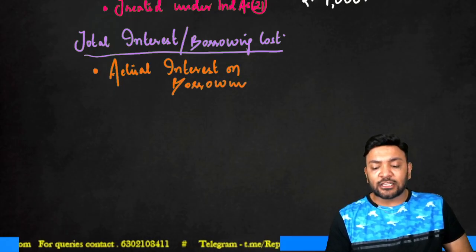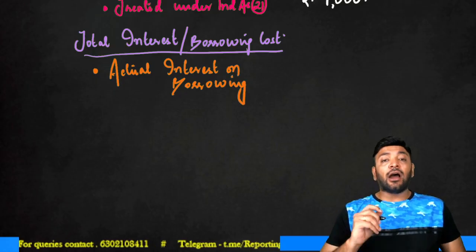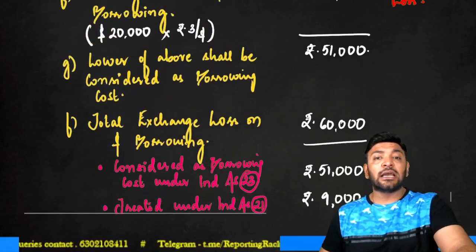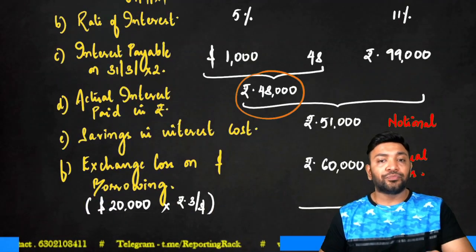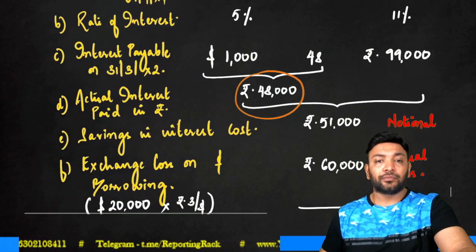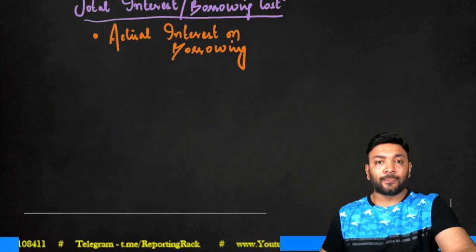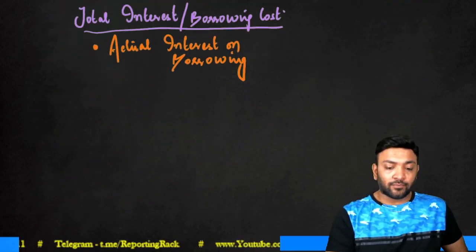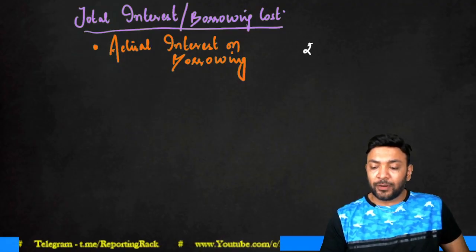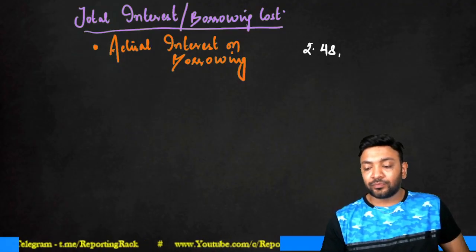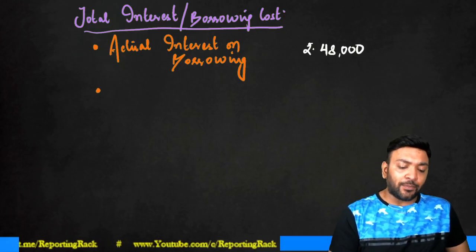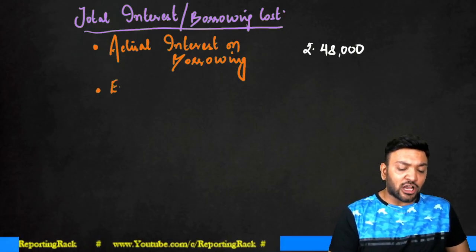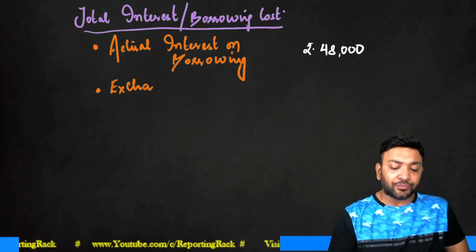What is the actual interest paid? I paid $1,000, and the actual amount of interest was rupee 48,000. Part B, next one, exchange loss considered as borrowing cost.